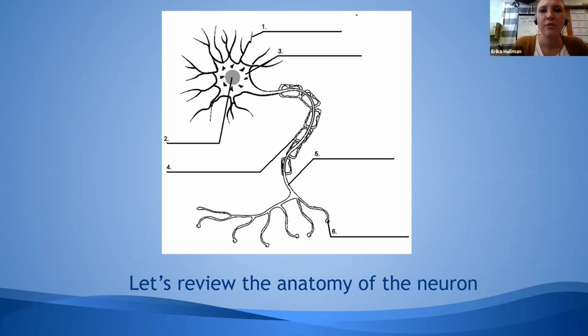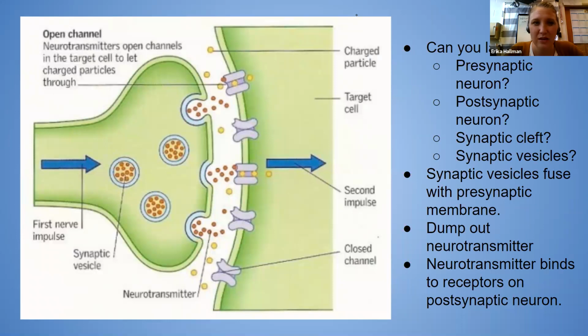Number 4 would be pointing to either a myelin sheath or you can also say a Schwann cell. Number 5 would be pointing to the axon, and number 6 would be pointing to the synaptic terminal, neuron tip, synaptic button, any of those words that we said were synonymous to that region.